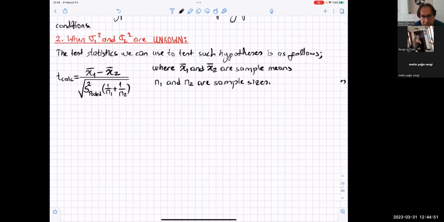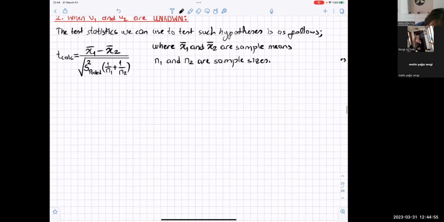The pooled variance is mostly not given. You need to determine it yourself. Let me show you how we determine the pooled variance.